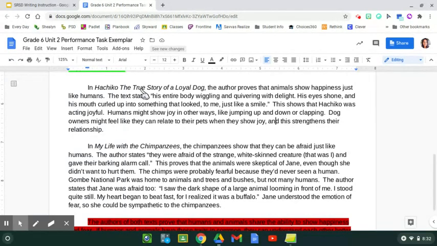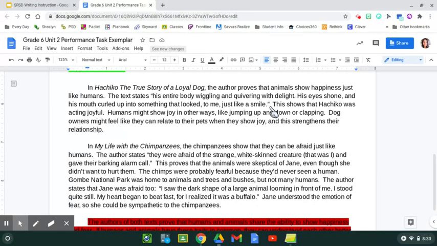In Hachiko, the true story of a loyal dog, the author proves that animals show happiness just like humans. Okay, there's my topic sentence. The text states, "his entire body wiggling and quivering with delight, his eyes shone and his mouth curled up into something that looked to me just like a smile."